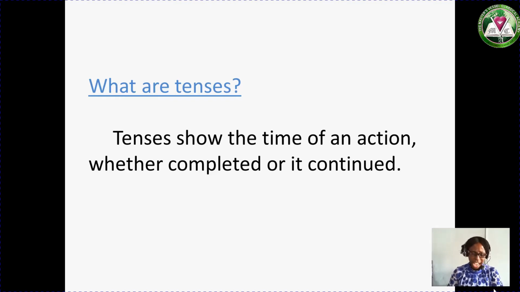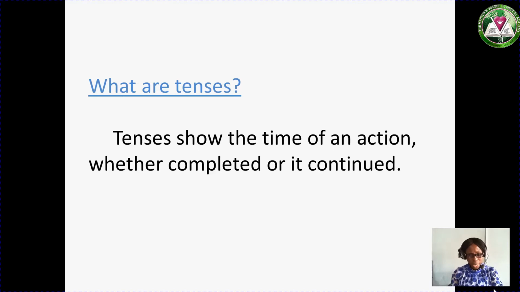These verbs have tenses that show us the time at which an action takes place. In other words, tenses show the time of an action, whether completed or continued.